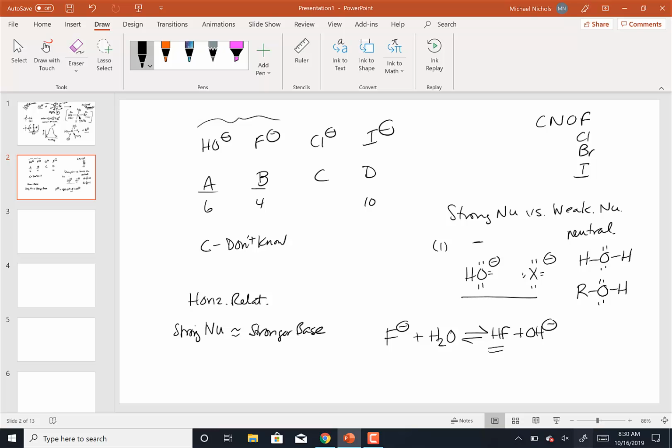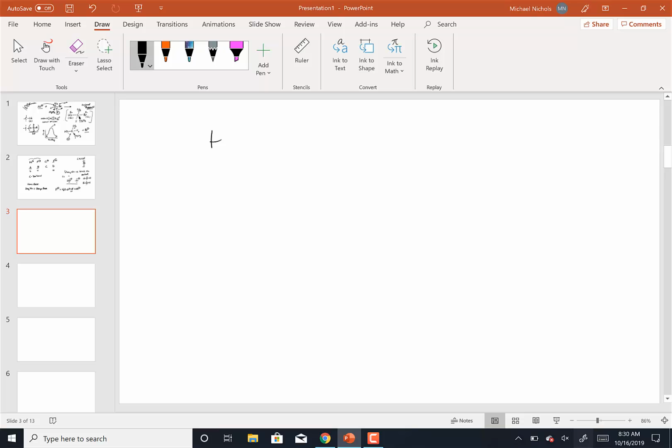Okay, maybe I should just start there. When you add HF to water, you get an equilibrium with F- and H3O+. What is F-? F- is called the conjugate base of HF. HF is considered a weak acid because it only partially dissociates in water. What does it mean to be partially dissociated?